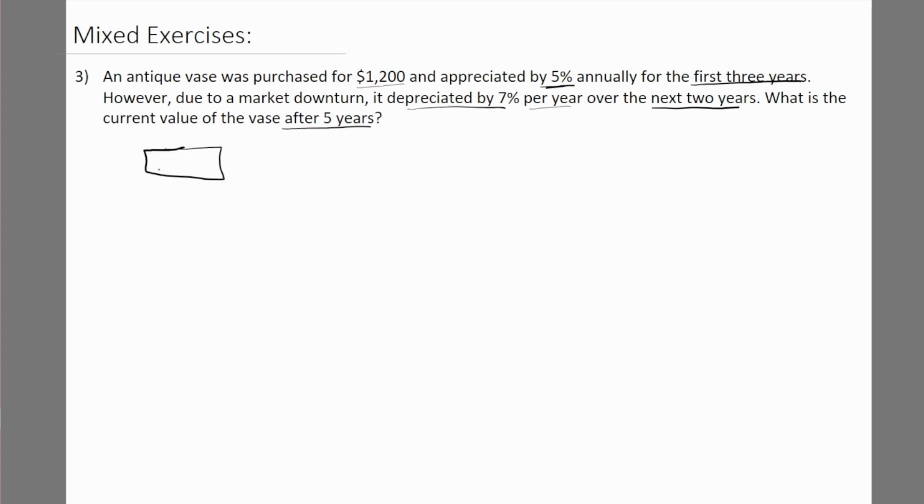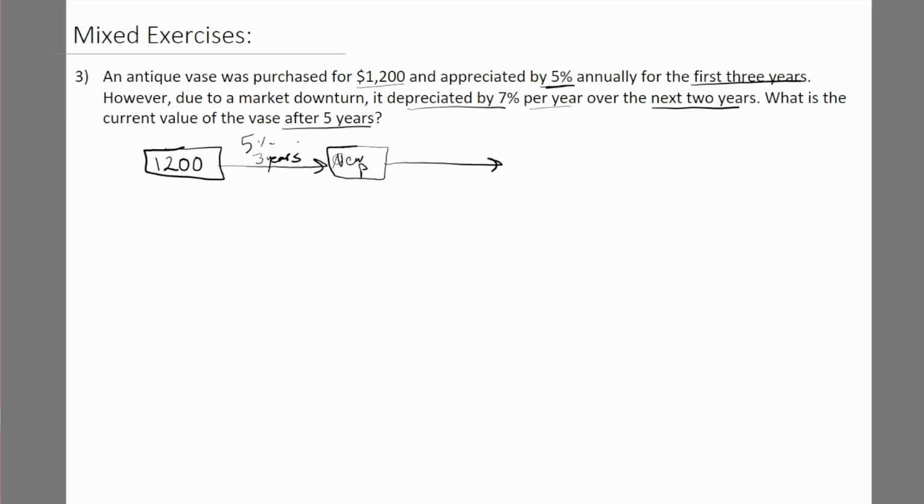So we know that we had the vase at first and it cost us $1,200, and we know that over time it appreciated by 5%, right? And for 3 years. And then, it reached a certain price, which let's call the new price right now, right? And then it depreciated.